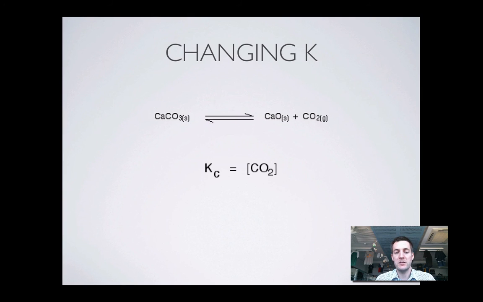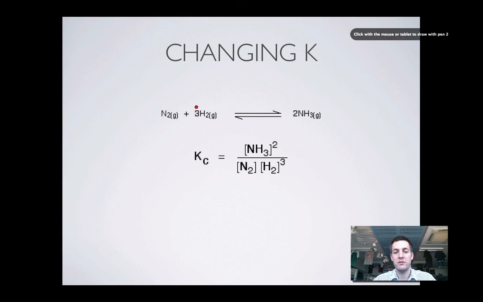I'm just going to go back to the previous slide and have a look at some temperature effects here. In this example, the forward reaction is exothermic and the reverse reaction is endothermic. If I cool this reaction down, it will try to heat itself up. We'll get more products, less reactants, and so this equilibrium constant value will increase because the top of the fraction will grow and the bottom of the fraction will fall.